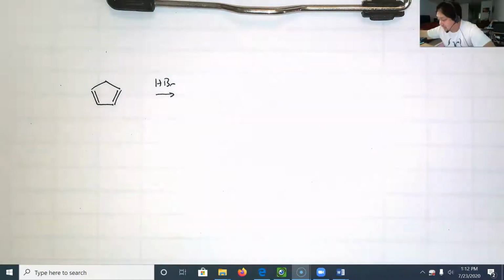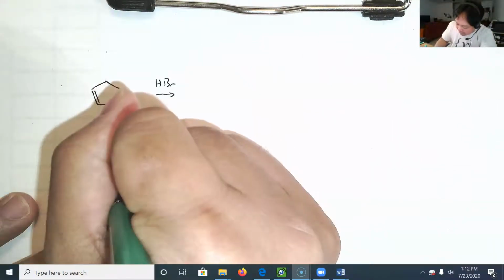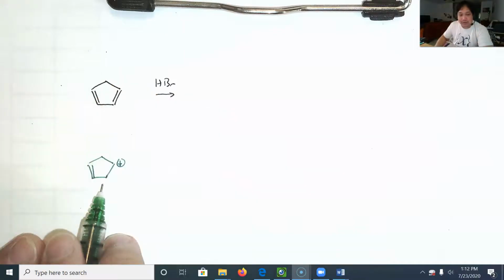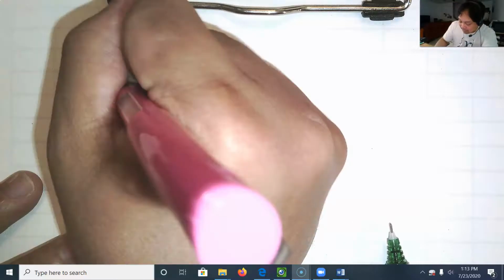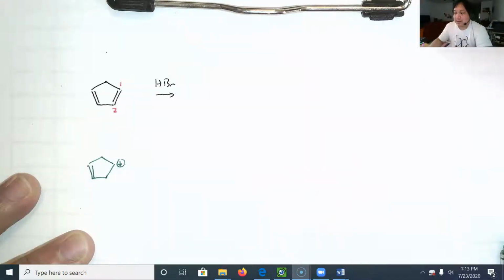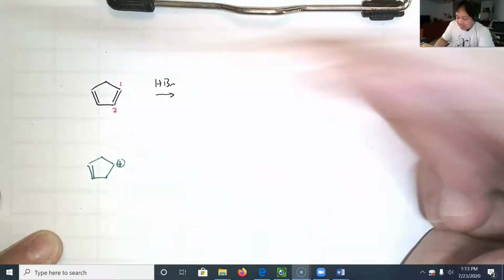Your two choices are this. Again, we're using the double bond on the right, and this is scratch paper now. You could make this by putting the hydrogen on carbon number 2. Oh, why don't we do that? See, 1 and 2 are the carbons that I'm going to do the reaction on.